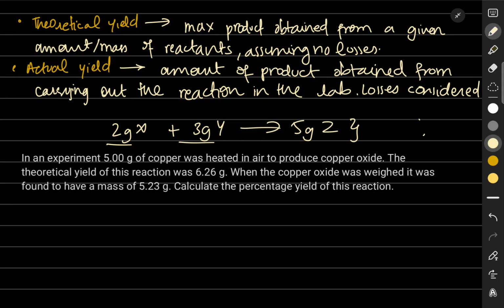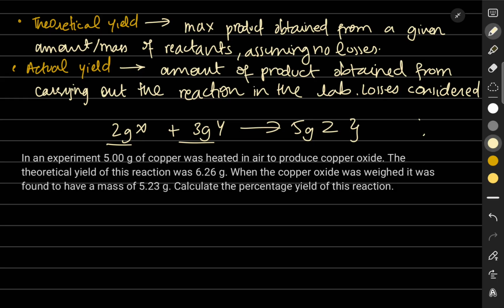When you talk about actual yield, you're talking about the amount or mass of product you actually obtain from doing the reaction in a lab. So it's experimental data and it's not from calculations, and you don't have any assumptions here.